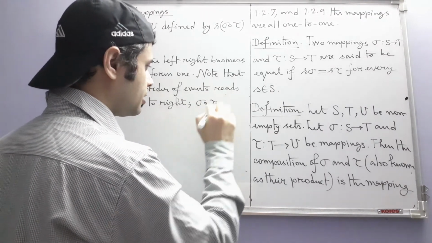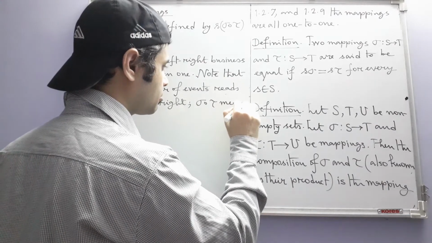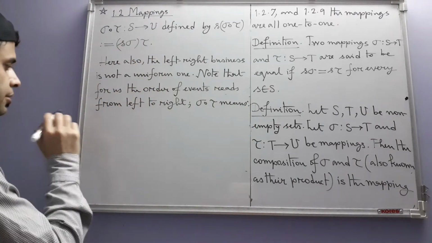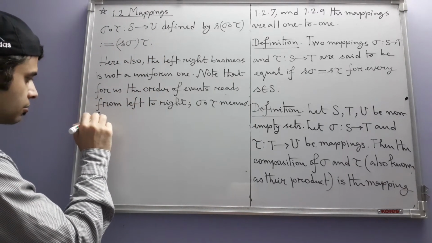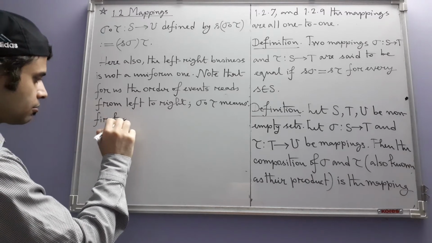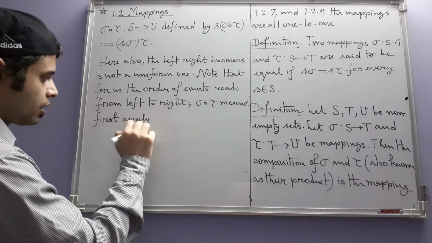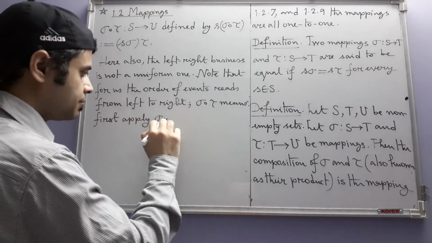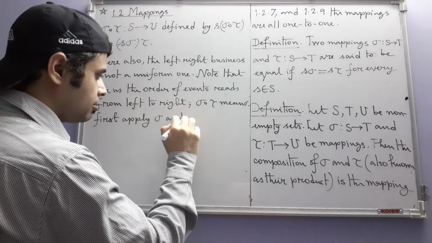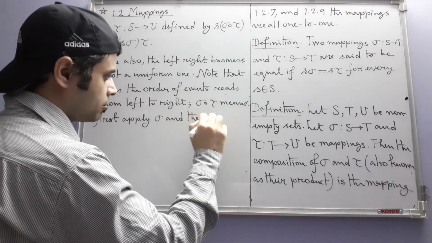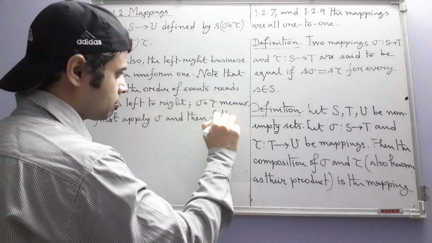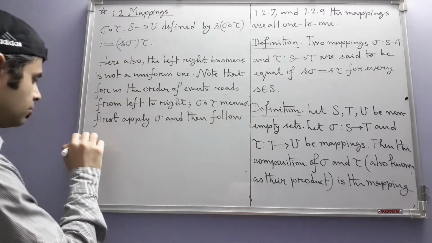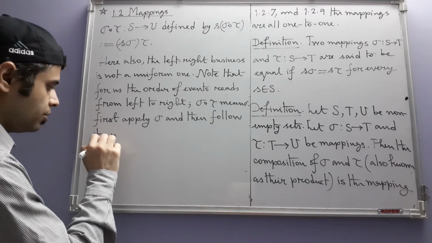Sigma composition tau means, for us, first apply sigma and then follow it up with tau.